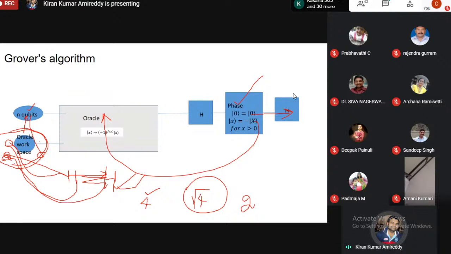Given the space is only 4 or 5 bits, suppose the domain is defined. In this we need to find, suppose our target value is 1.